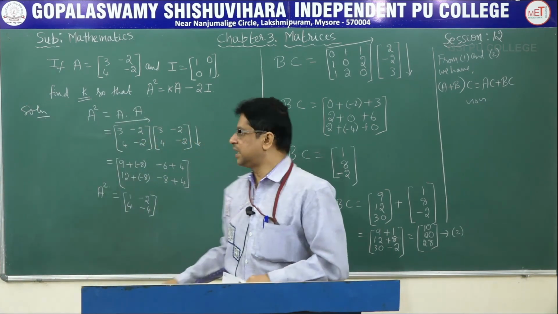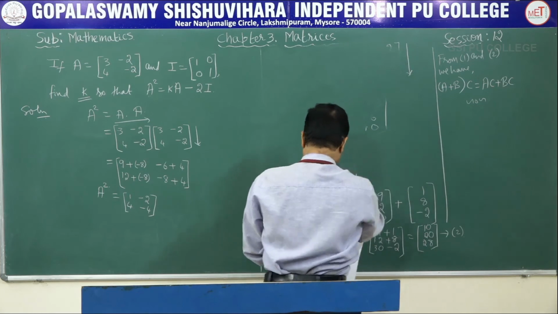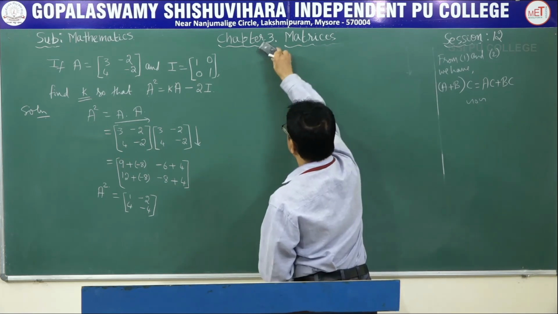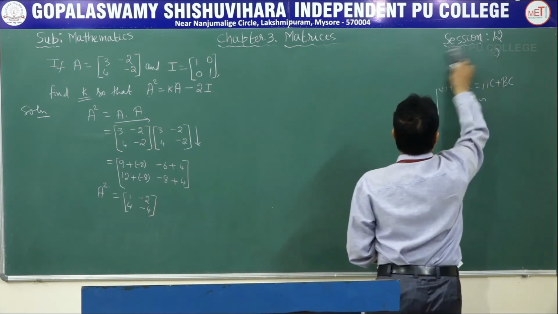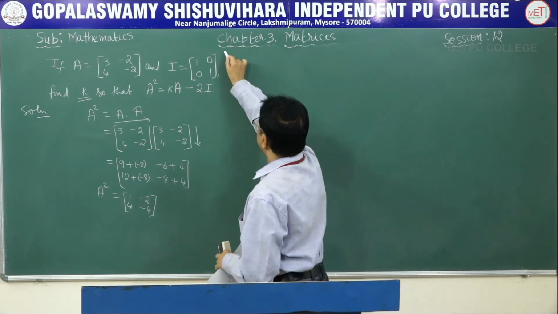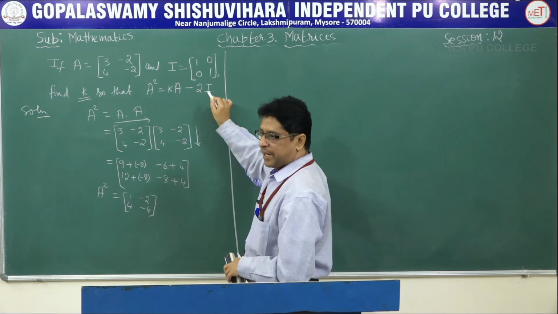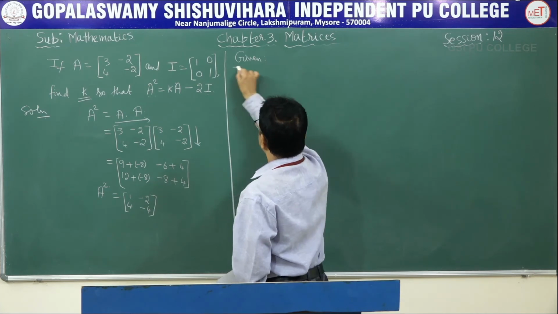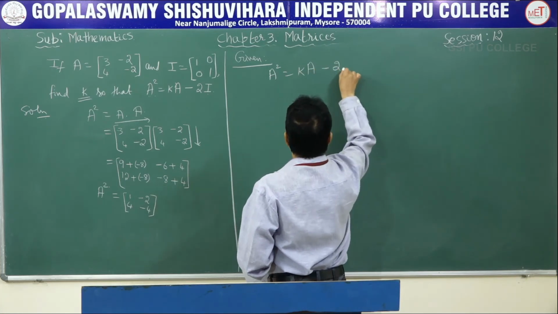Next we shall consider the given condition. So the given condition is A square is equal to KA minus 2I.